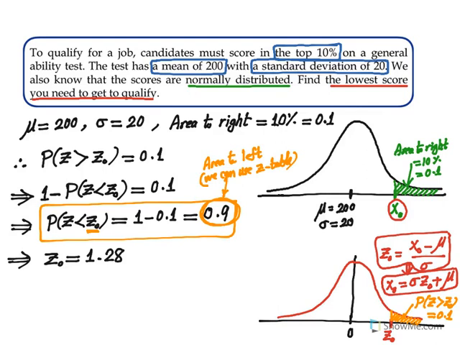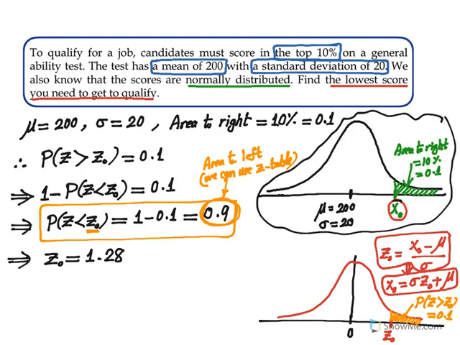But this doesn't solve the question, because the question is to find the X0. If you look again at the first graph that I drew, you need to find the lowest X0 that lies where you have 10% of the area above it. So we found the corresponding Z-score to this X0, and now we only need to use the formula for getting X0 from Z0, the one that I have in blue.